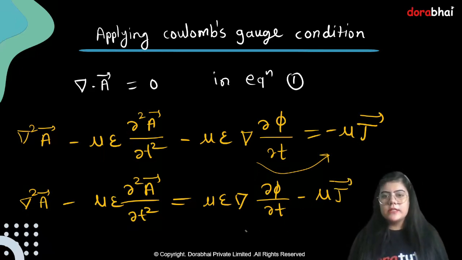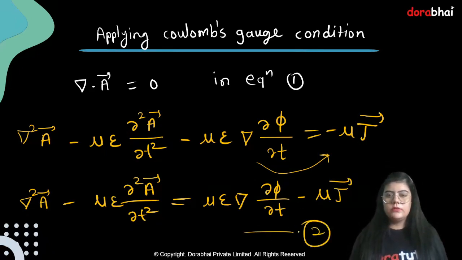So this is what becomes of equation 1 when we apply Coulomb's gauge condition.